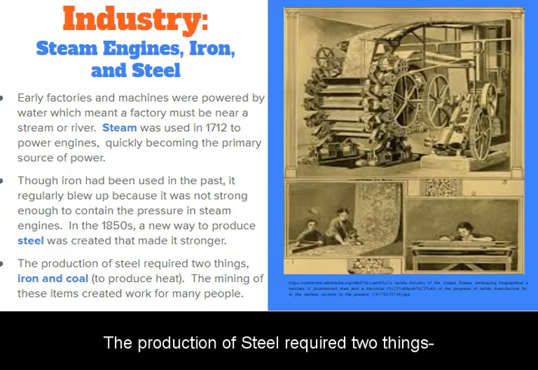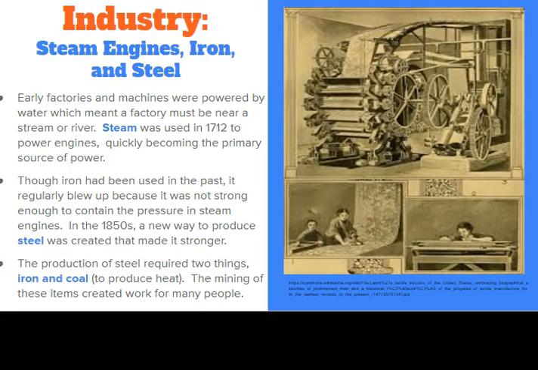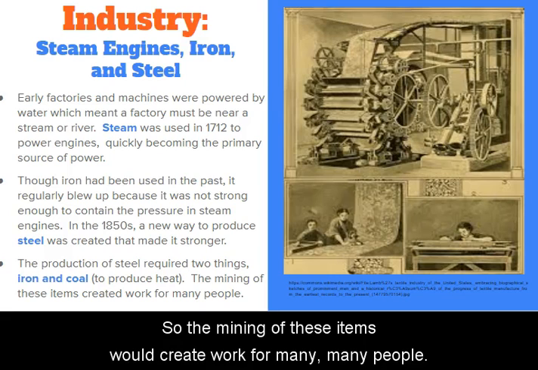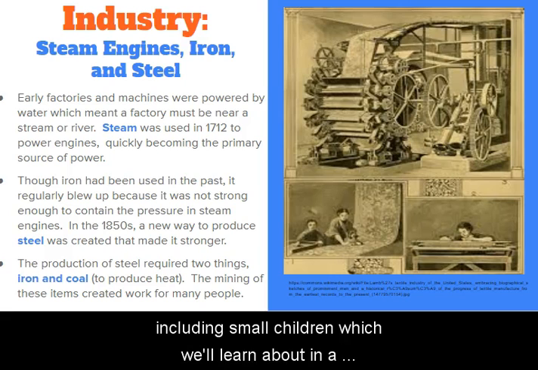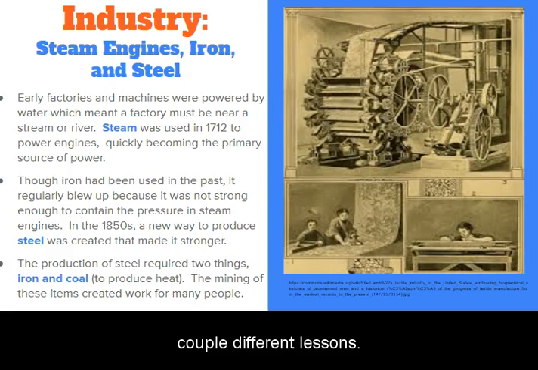The production of steel required two things: iron and coal. And the coal was used to produce heat. So the mining of these items would create work for many, many people, including small children, which we'll learn about in a couple different lessons.